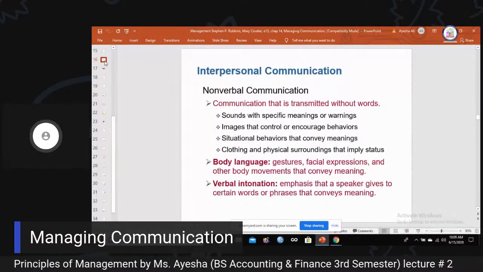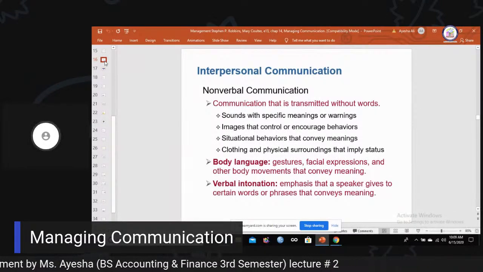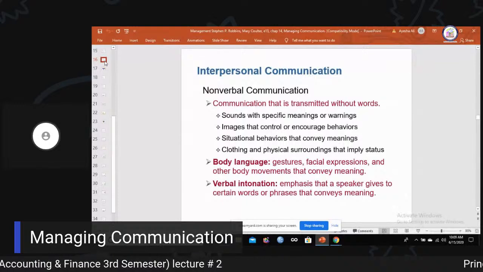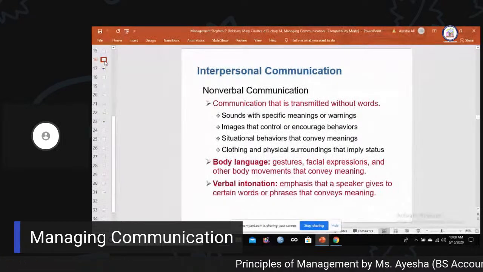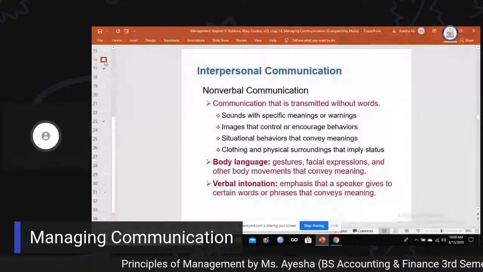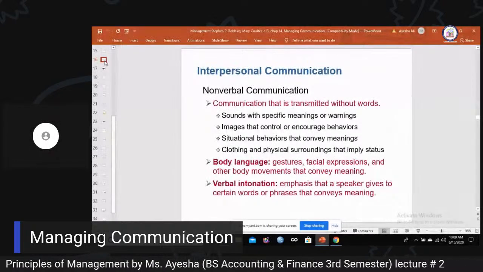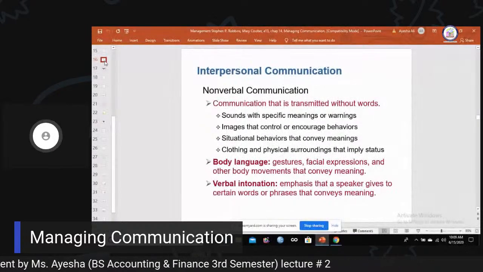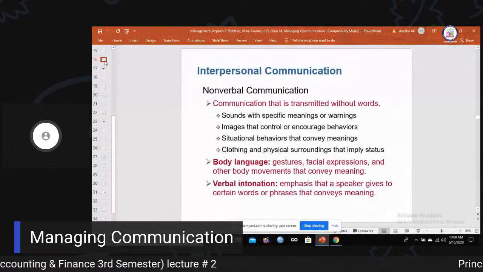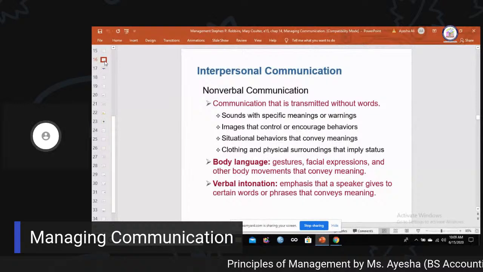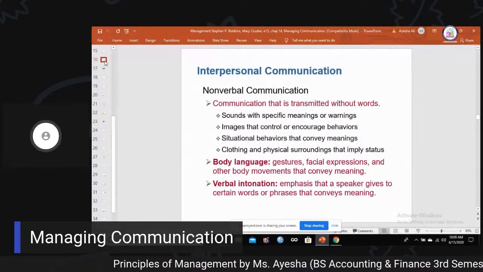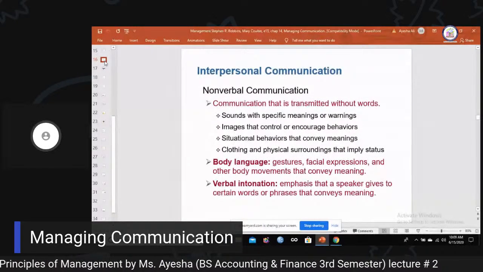And if we hear the ambulance horn, we get the message that some patient is in the ambulance and is serious. He or she wants space to go to the hospital. So this is some sort of warning for us. So every sound has a specific message. So it's nonverbal communication.